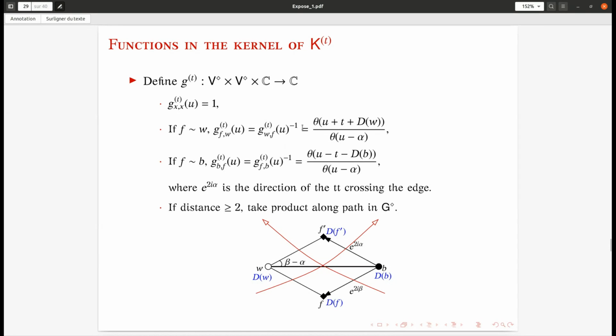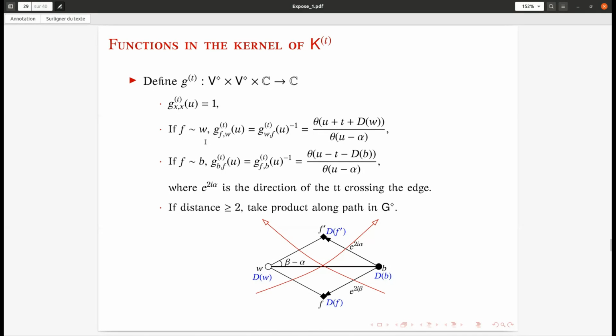Okay, and so this is another kind of a bit of a technical part. So the idea, putting aside the formulas, is that we want to define a function g on pairs of vertices of the quad graph times an additional complex parameter taking values in C. Okay, so in the notation, you will have the two vertices where it's defined and the complex parameter. And this function is defined by induction on the edges. So when the two vertices are the same, you just take one.